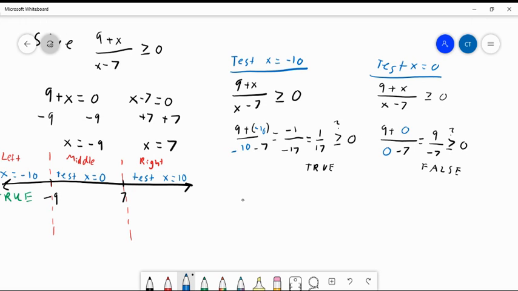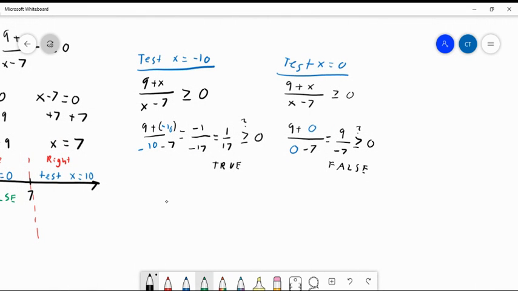Since x equals 0 was from your middle region and we ended up with false, we will label the middle region as false. Now let's test x equals 10. I know this gets a little bit tedious, but I suppose tedious is better than hard.